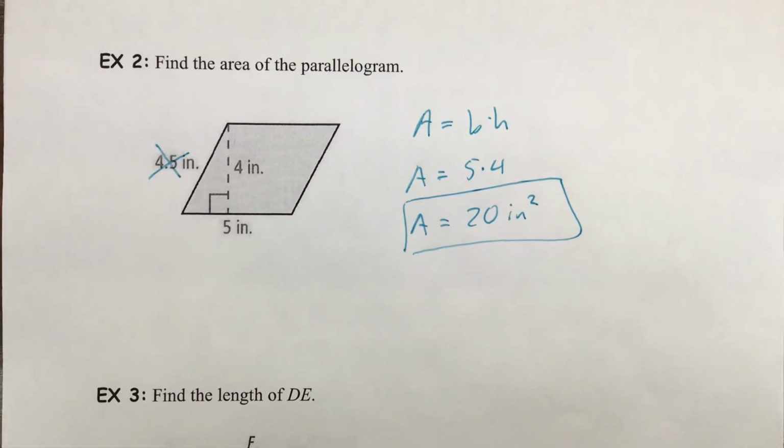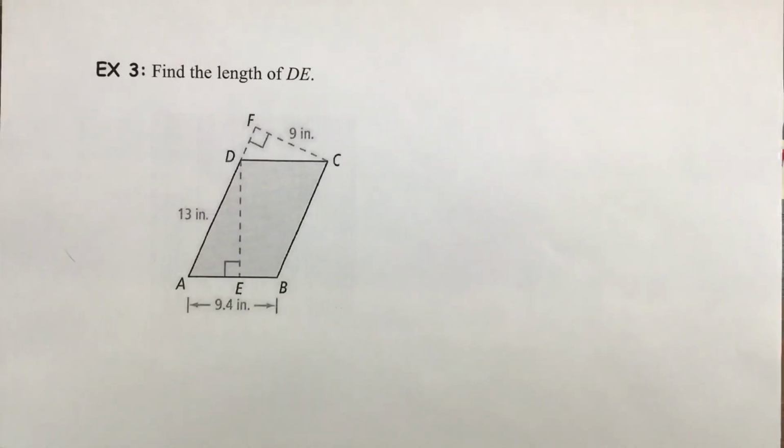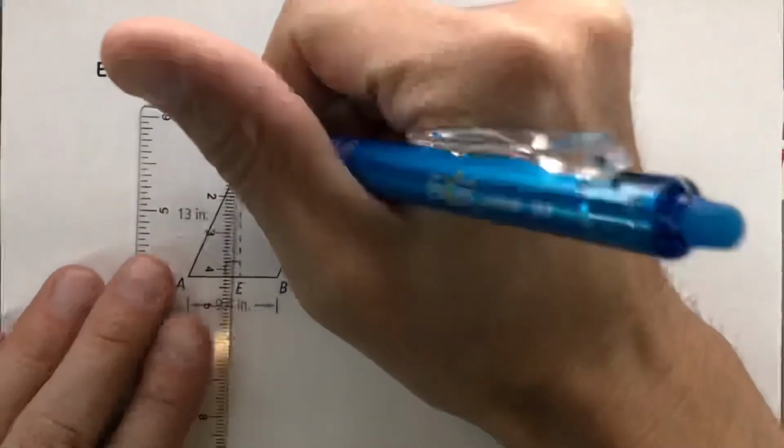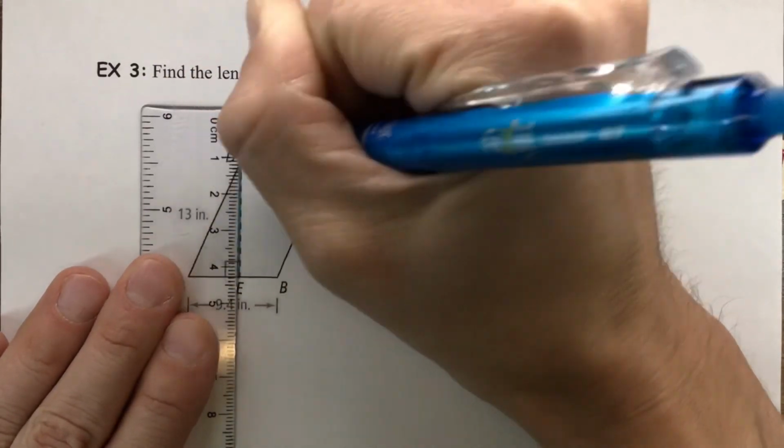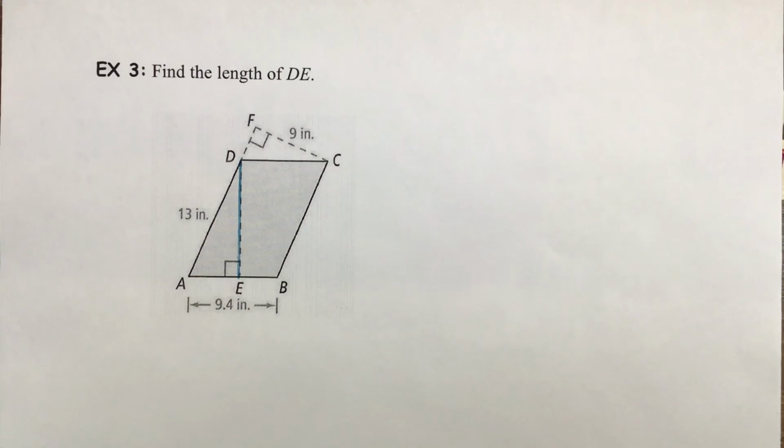You need to be aware that the way you calculate area is not just to take 2 side lengths and multiply them. For example 3, we're asked to find the length of DE. We need to find the length of DE, and DE is located right here. So we want that measurement. Okay, that measurement is perpendicular to AB.